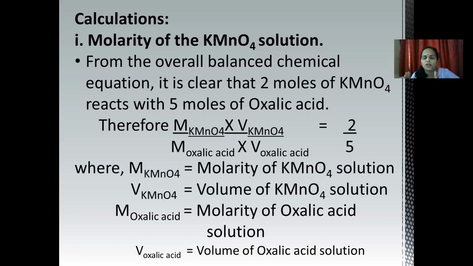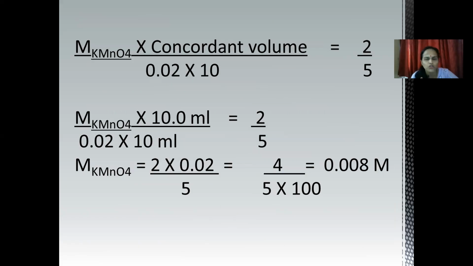This is the formula, 2 upon 5, where M of KMnO4 is the molarity of KMnO4 solution, V of KMnO4 is the volume of KMnO4 solution, M of oxalic acid is molarity of oxalic acid solution, and V of oxalic acid is volume of oxalic acid solution.